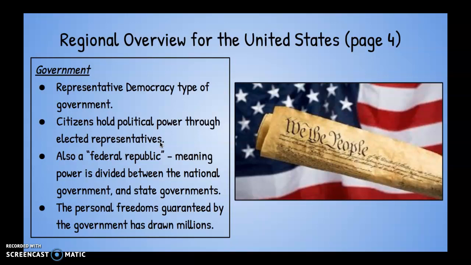Our government in the United States is a representative democracy, meaning our citizens hold political power through elected representatives. We're also known as a federal republic, meaning power is divided between national government and state governments. The final bullet point says the personal freedoms guaranteed by the government have drawn millions.